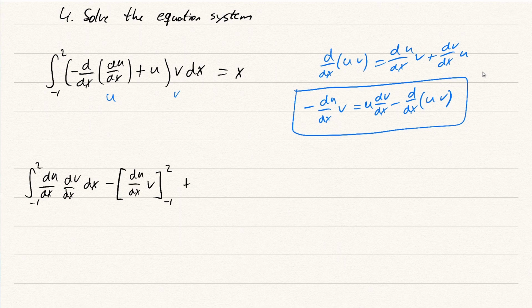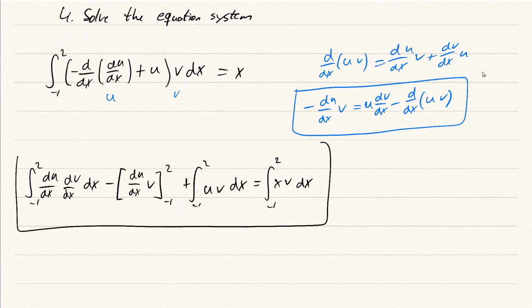So plus the integral from -1 to 2 of uv dx is equal to, over on this side, x multiplied by v, and then we integrate from -1 to 2 dx. And this is our complete weak form for this problem, and that's our starting point.